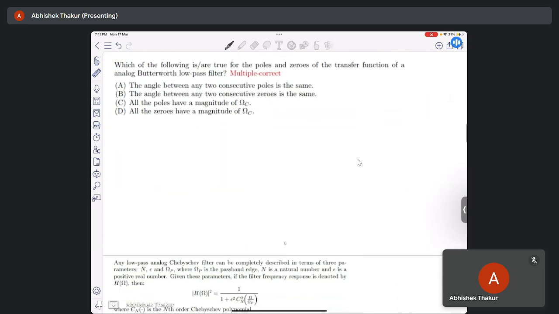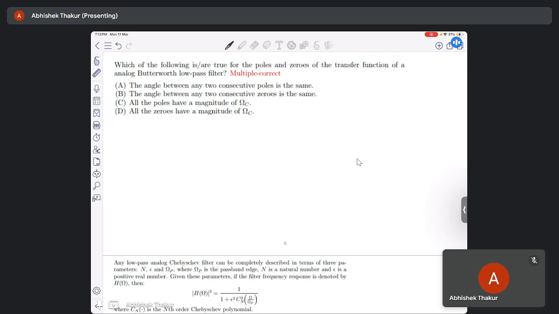Now coming to the third question. Which of the following is true for the poles and zeros of the transfer function of an analog Butterworth low pass filter? So, the angle between any two consecutive poles is the same.